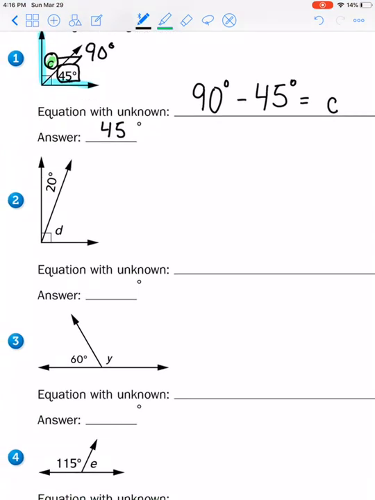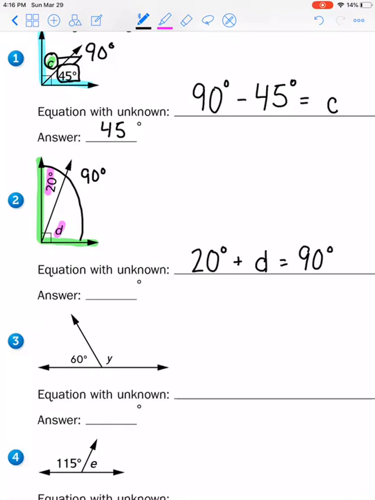All right, let's look at number 2. You have to think to yourself, what kind of angle is this? We have another right angle, which means it's equal to 90 degrees. So we are going to use this 20 degrees and D for our equation with an unknown. So 20 degrees plus D equals 90 degrees.